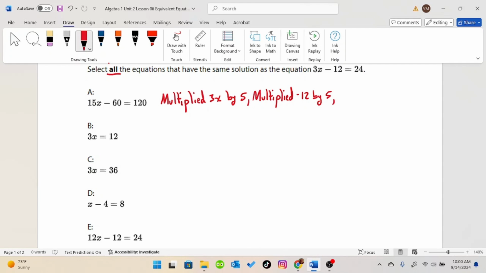And to go from 24 to 120, they multiplied by 5. They did the same thing, multiplying by 5, to each part of the equation, so A is an equivalent equation.